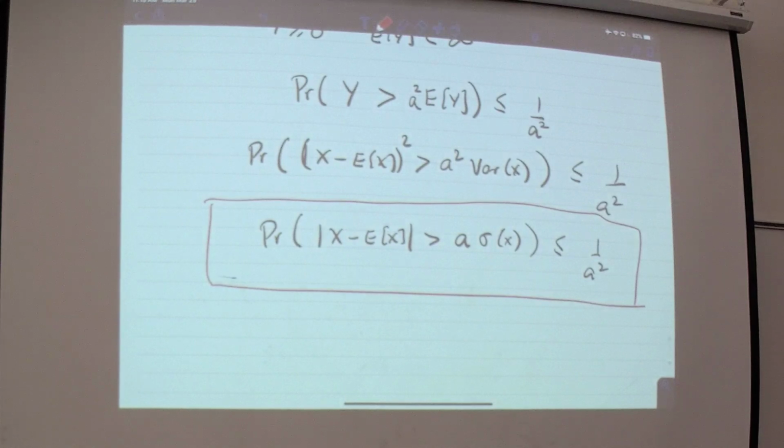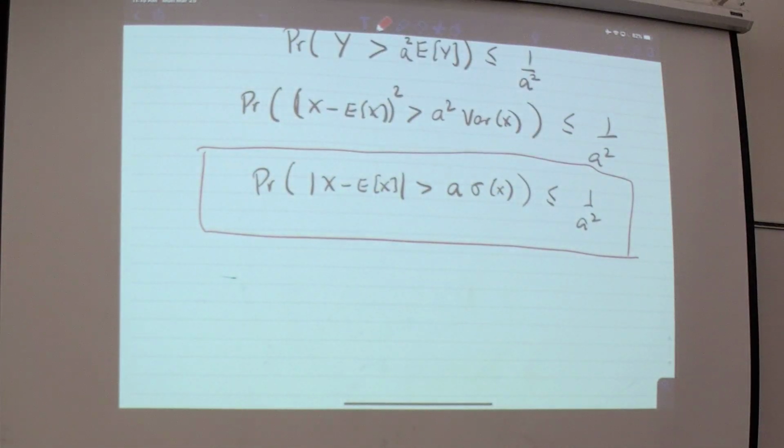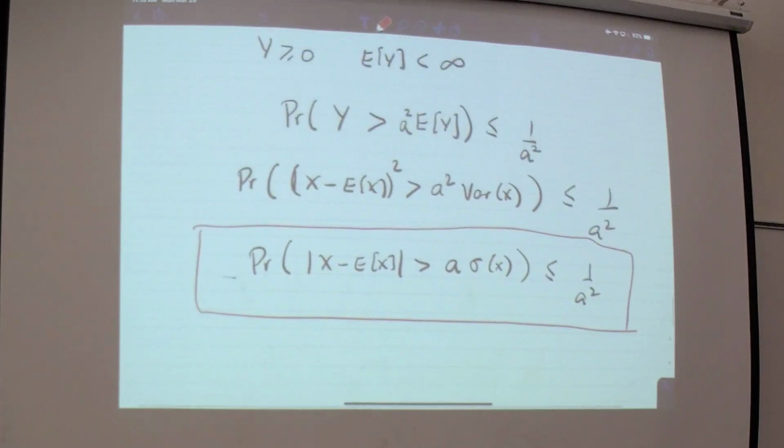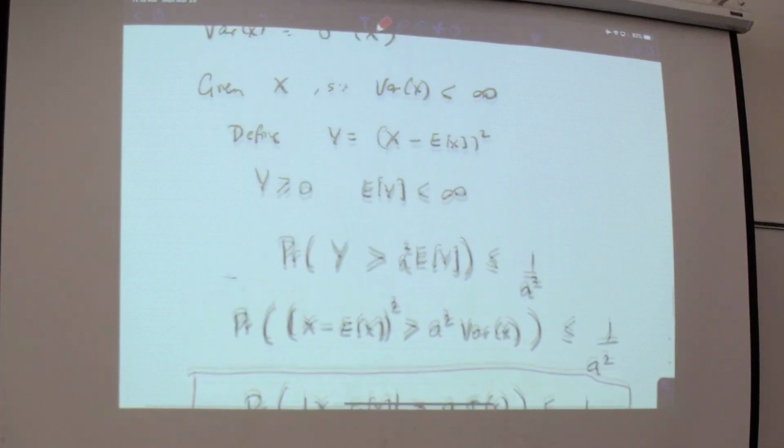So this works better if you have a bound on sigma. If you don't, of course, you can't use it. But let's apply it to Markov. So again, we had the sampling problem, right? And we had this random variable n1. And essentially, in order to do anything with the Chebyshev inequality, yeah, a question? Then why do we have to have a bound on sigma? Sorry? Where is it that we have to have a bound on sigma?